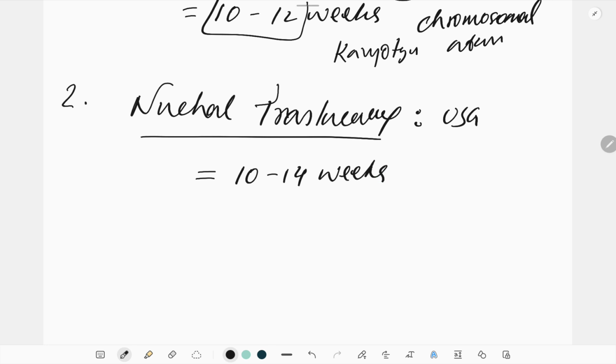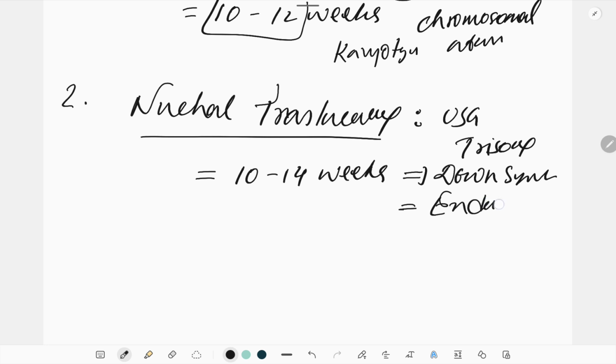and it is done to identify certain abnormalities like trisomies such as Down syndrome, Edward syndrome, that is trisomy 18, Down syndrome, trisomy 21, and Patau syndrome, trisomy 13.